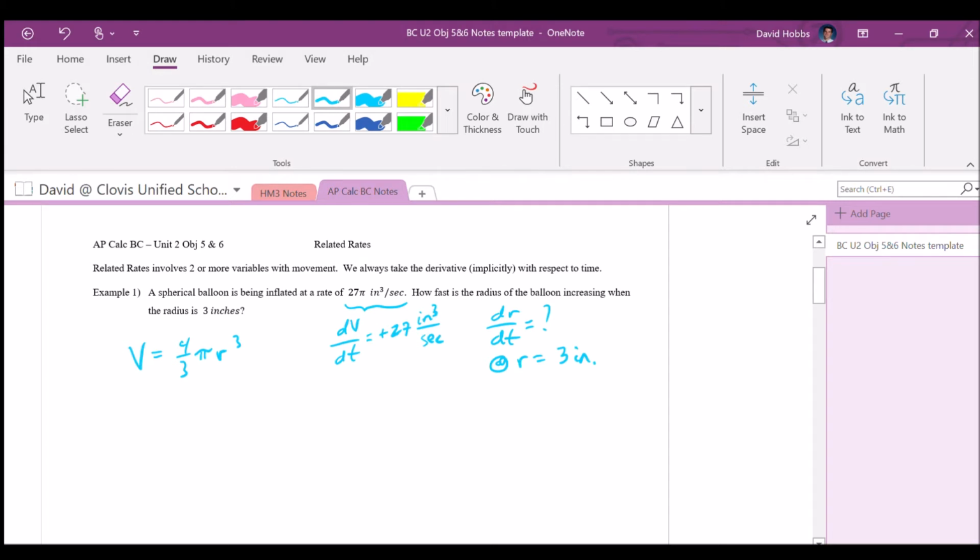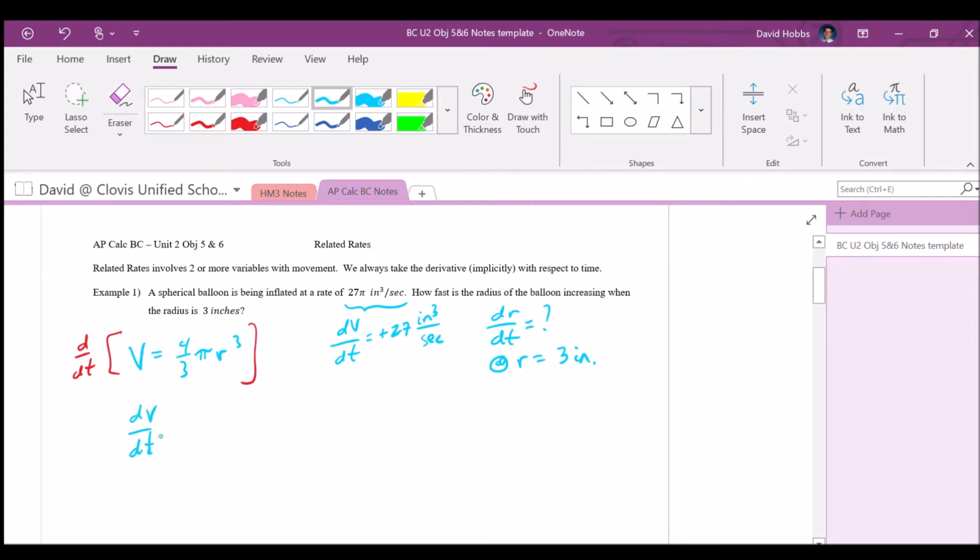If we took the derivative with respect to time, we would be getting a dV dt, and we would also be getting a dr dt. So this is going to work out very nicely. Okay, so I think we're ready to start doing some calculus with it now. As I mentioned, we are going to be taking the derivative with respect to time. So we get dV dt.